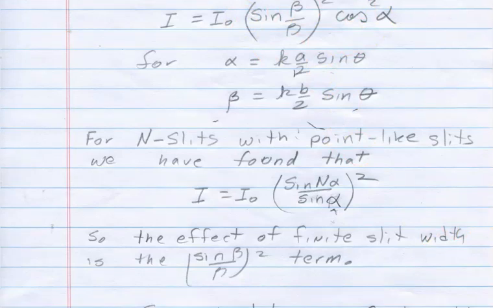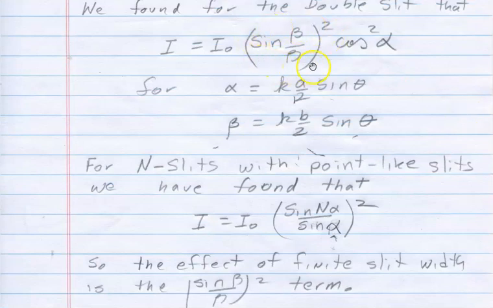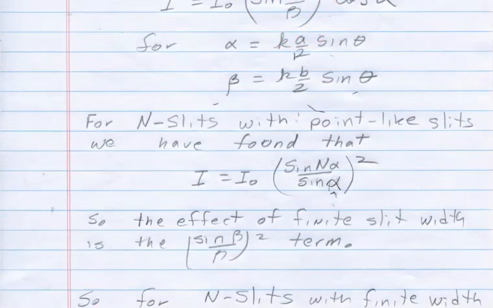But it's pretty obvious that the impact in the double slit of the slit width was just this factor here, this modulation term that's out front. And that really hasn't changed when you have a finite slit width, even though you have N of them. Each slit contributes this factor here that factors out.